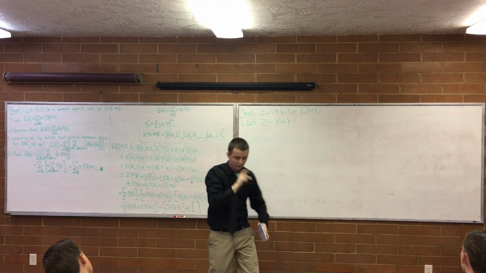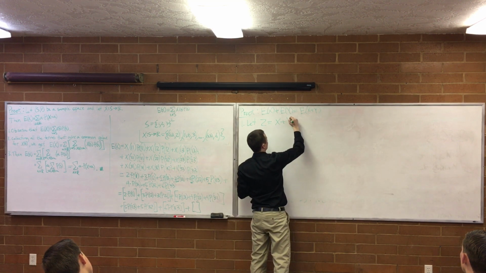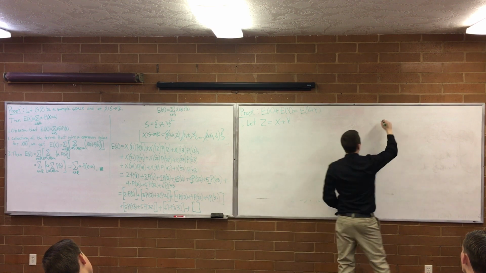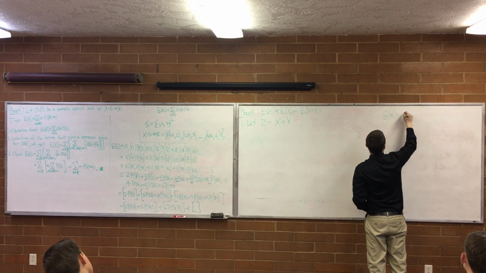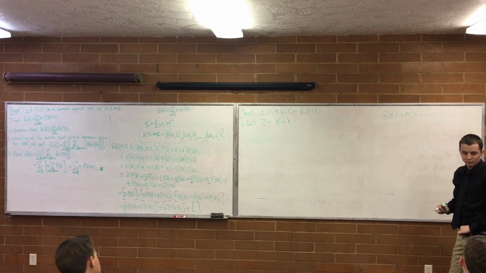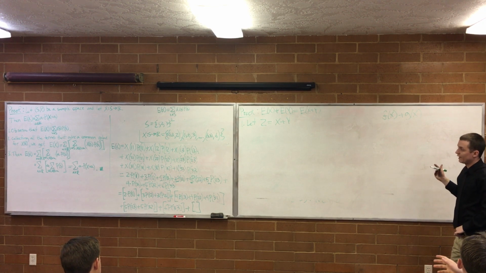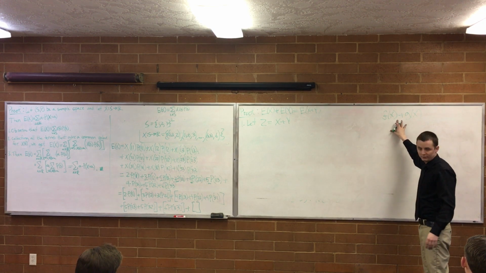Now that's kind of weird, so let's make sure that we understand how to add functions together. Remember, these are functions. What do we mean when we say f of x plus g of x? You just write out what they are, right? It's just their flat out sum. Just make sure you keep in mind that these are functions.